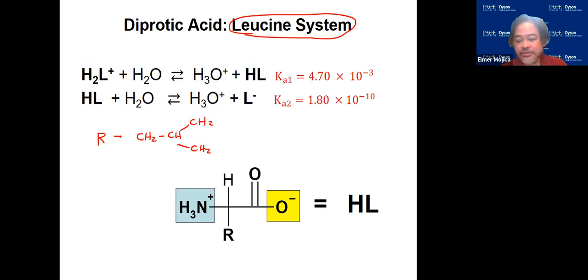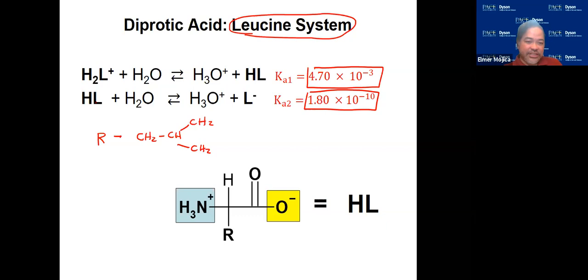Now, if we're going to look at the Ka values of that leucine, the first Ka value is 4.7 times 10 to the negative 3. The second Ka is 1.8 times 10 to the negative 10. So the protonated leucine, that's H2L plus, reacts with water, you lose one of the hydrogens, and you form HL and hydronium ion.